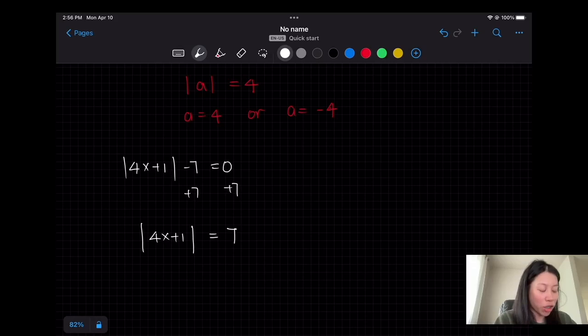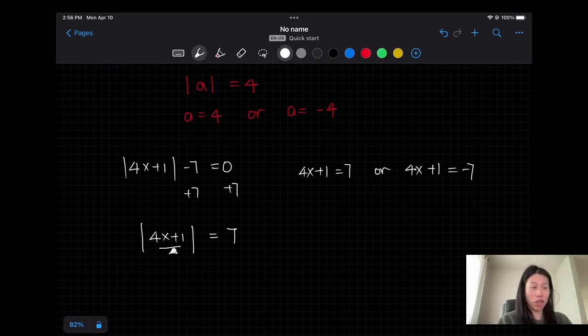When I try to remove the absolute value sign, what happened? When you remove it, that means inside the absolute value, 4x plus 1, this polynomial can equal +7 or -7. So that means we might end up with 2 results: 4x plus 1 equals +7, or 4x plus 1 equals -7.